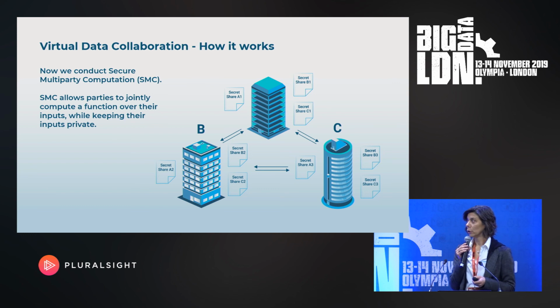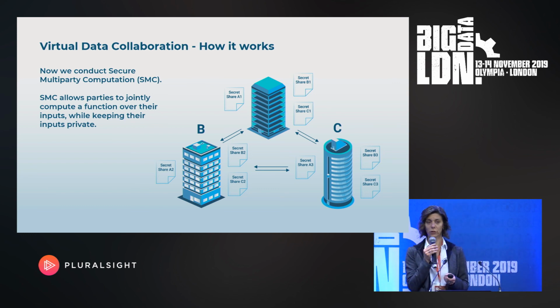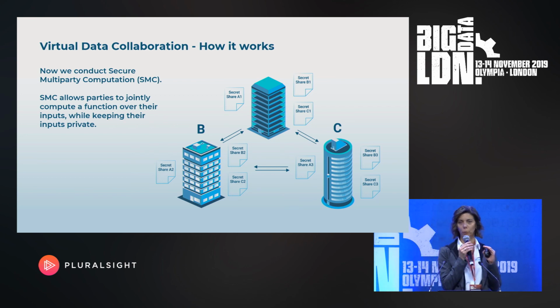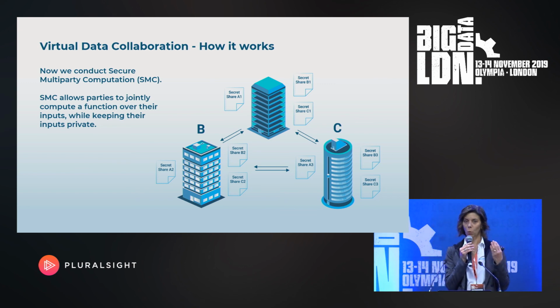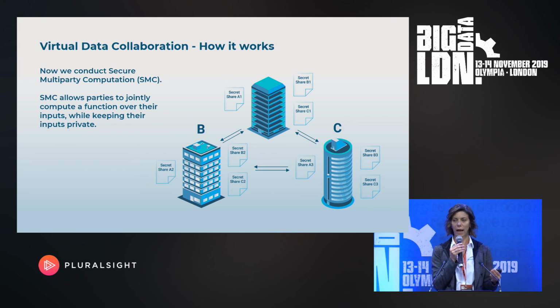And then you establish a secure connection, like a VPN or something like that, between each of the organizations, because the way secure multiparty computation works is through communication. As they walk through a machine learning algorithm, they will have to communicate for each computation that involves data split at each of the locations.